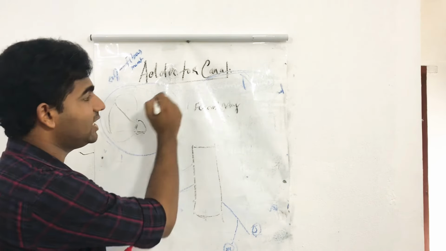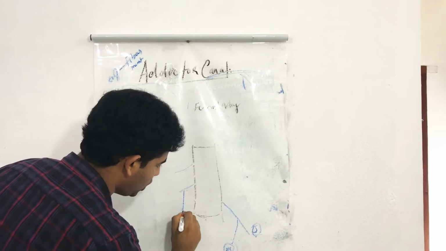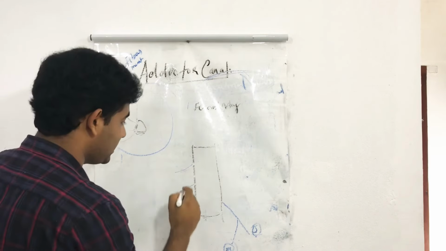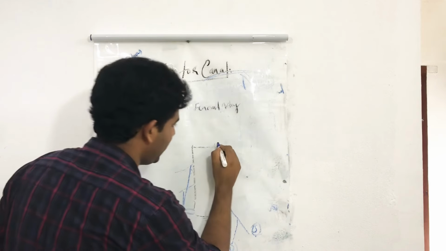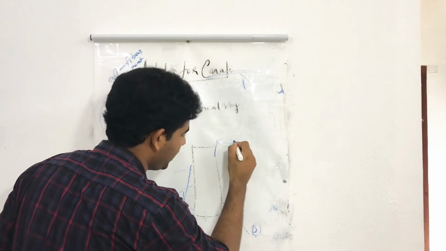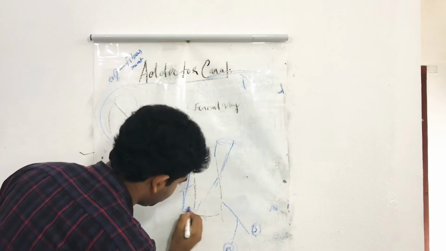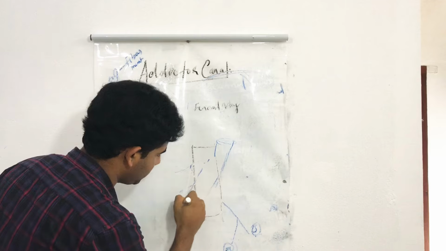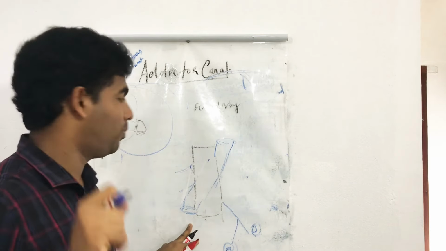The second content is the femoral vein. That is actually the continuation of the popliteal vein. Now, if we evaluate it, we will see it like this. That means it is the continuation of the popliteal vein.